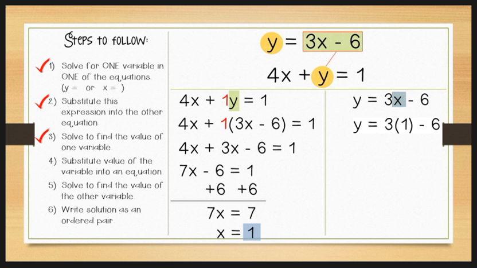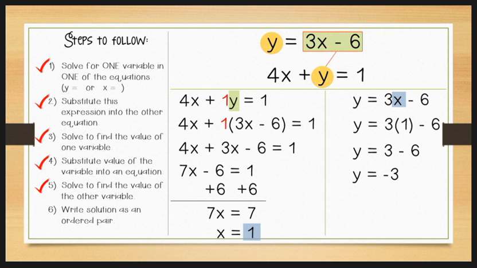When we do that, it would look like y equals 3 times 1 minus 6. Then we would just simplify that expression. 3 times 1 is 3, and 3 minus 6 is negative 3.